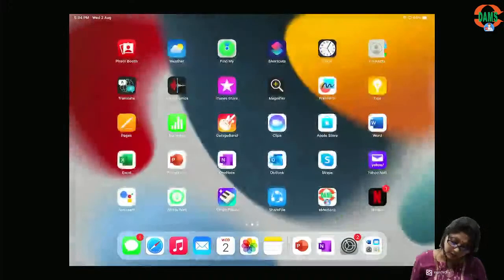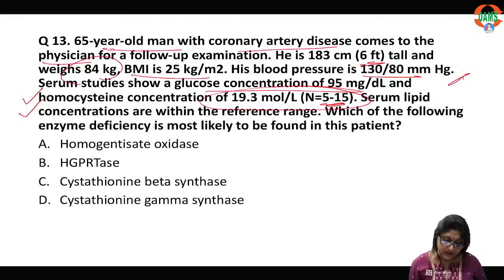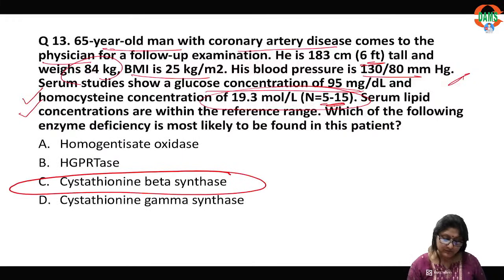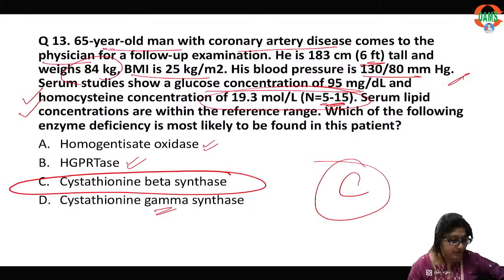So this is a condition of homocystinuria only, where homocysteine level is high, and the answer is cystathionine beta synthase enzyme deficiency. Right? This is alkaptonuria. HGPRTase is Lesch-Nyhan syndrome. There is no enzyme named cystathionine gamma synthase, right? So the answer for this question is going to be option C. Any suggestion, any doubt? Please ask.